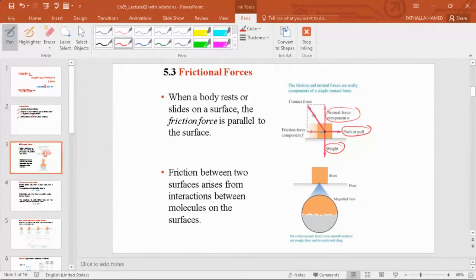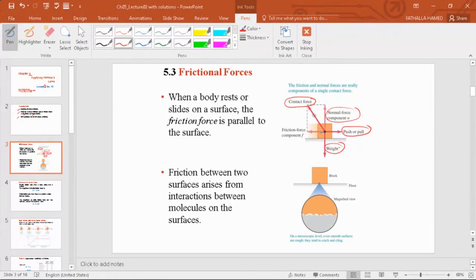Now, this normal force here is coming from the contact force between the two surfaces, meaning the surface of the block and the supporting surface.